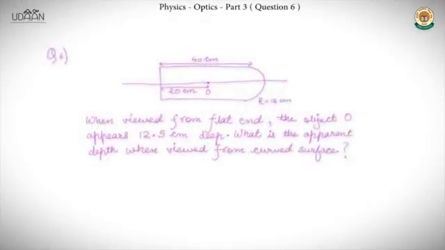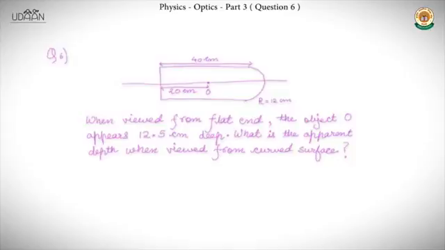Let us look at the setup given in this question. The object O is placed in the refractive medium which has the shape as shown. That is, it is flat at one end and curved at the other end. The distance from the flat end is given as 20 centimeters, and other data such as the length of the medium and the radius of curvature of the curved end are given.